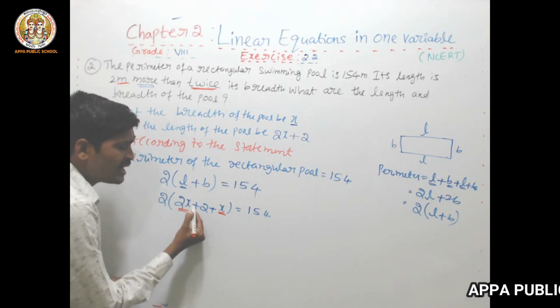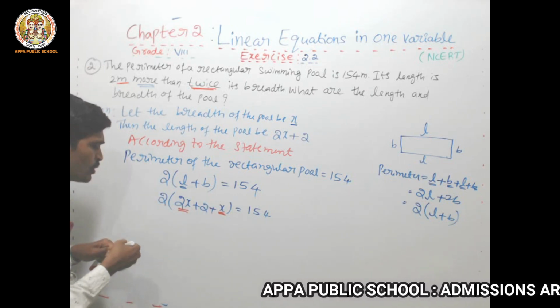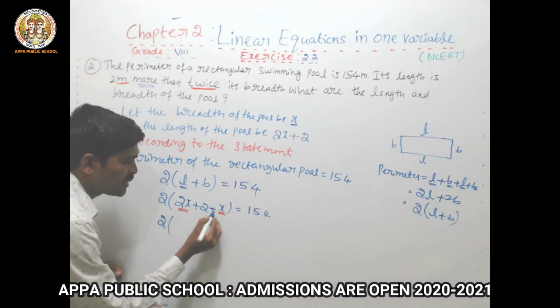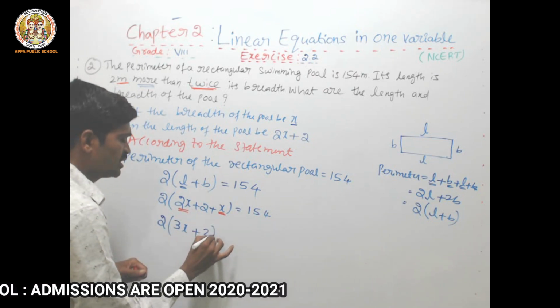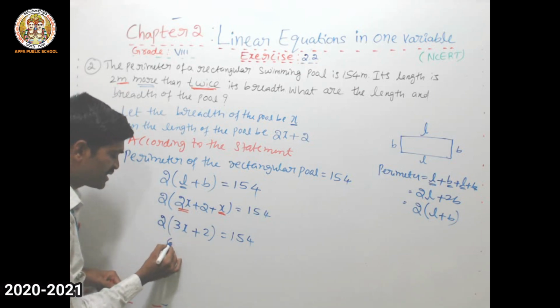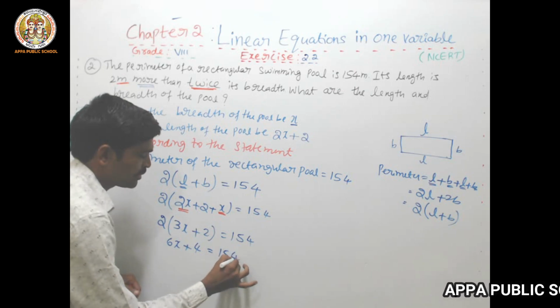But here 2x and x are like terms. You can add. So 2 into 2x plus x, that should be 3x plus 2 is equal to 154. Understood? Now 2 into 3x that is 6x plus 2 twos are 4 is equal to 154.